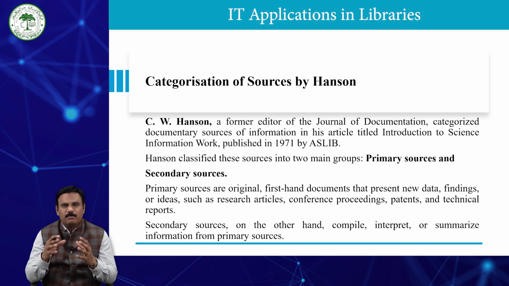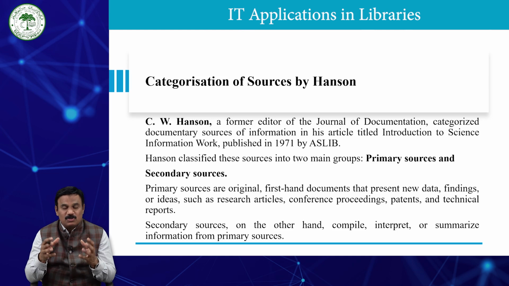C.W. Hanson, a former editor of Journal of Documentation, categorized documentary sources of information in his article titled Introduction to Science Information Work. It was published in the year 1971 by Aslib. Hanson classified these information sources into two main groups. One is primary source and second is secondary sources.